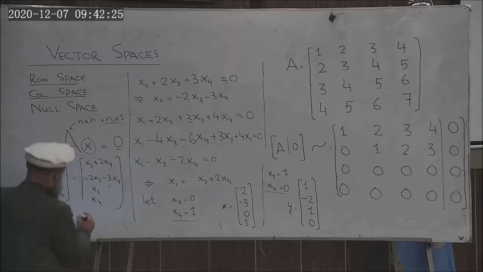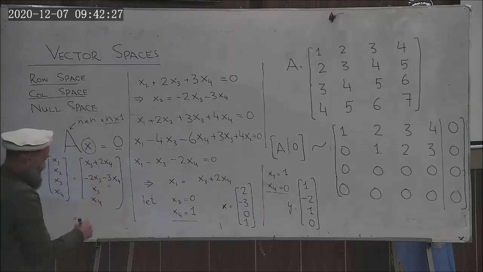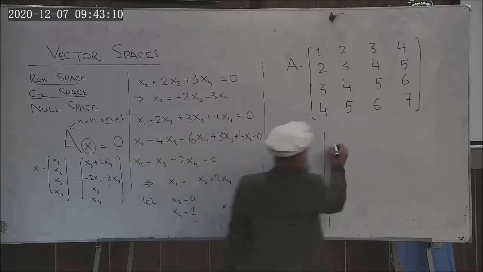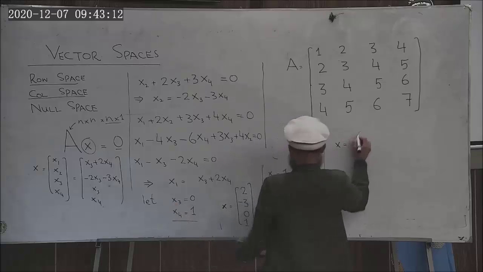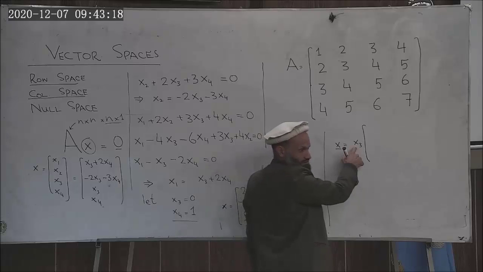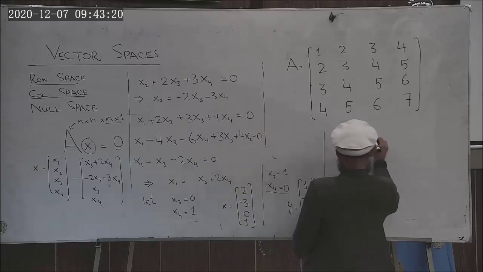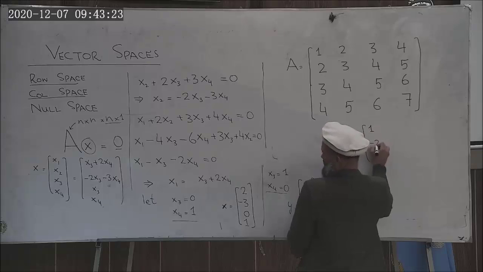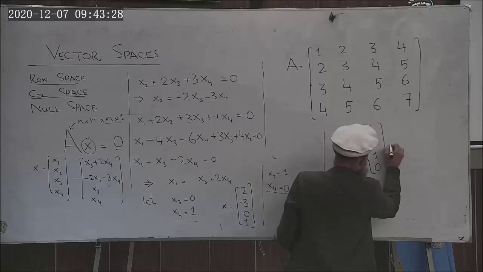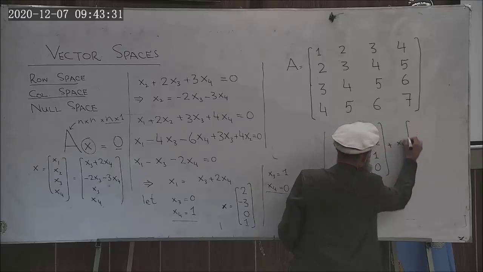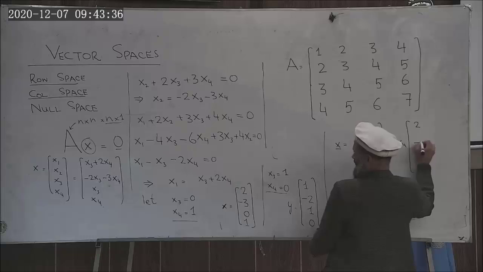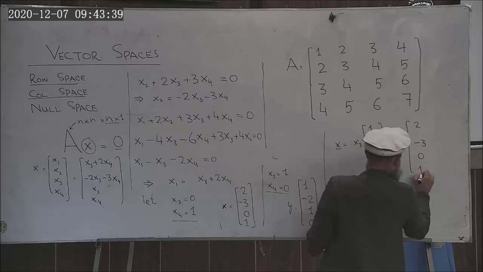This solution vector x can be written in this way: x3, where x is a vector and x3 is a scalar, multiplied by (1, -2, 1, 0), plus x4 multiplied by (2, -3, 0, 1).